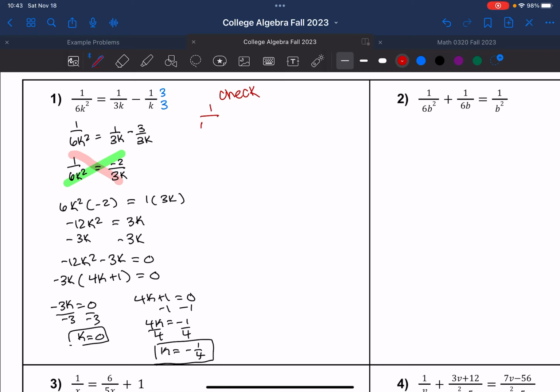So 1 over 6 times 0 squared equals 1 over 3 times 0 minus 1 over 0. Notice when I simplify all these denominators, I get 1 over 0 is equal to 1 over 0 minus 1 over 0. We cannot divide by 0, so these are undefined. So this tells us that our answer of k equals 0 is not possible.